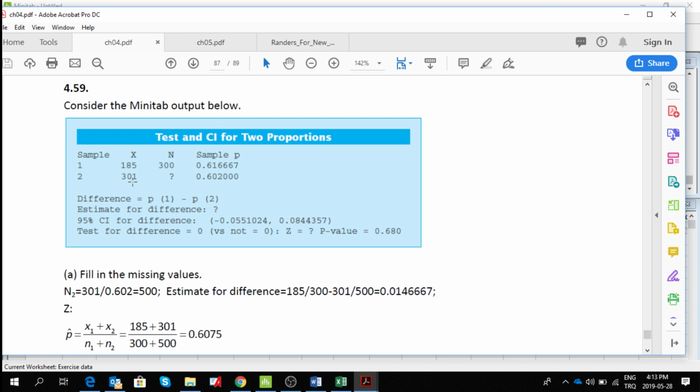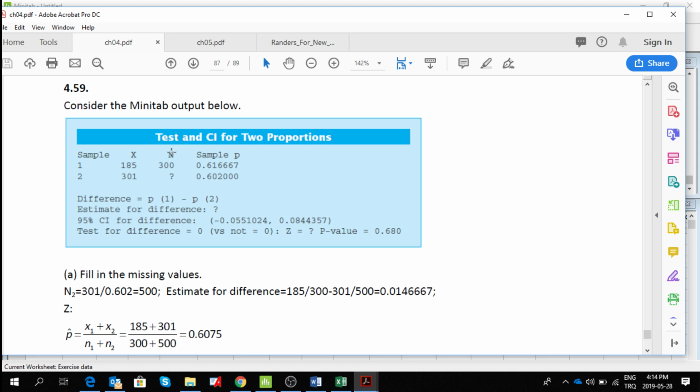And for sample 2, the sample p value is x over n again, but 301 over question mark is equal to this. So we can easily find the question mark because of that.